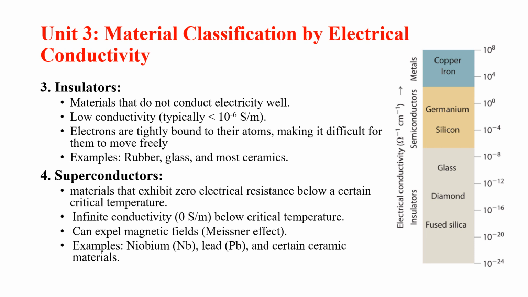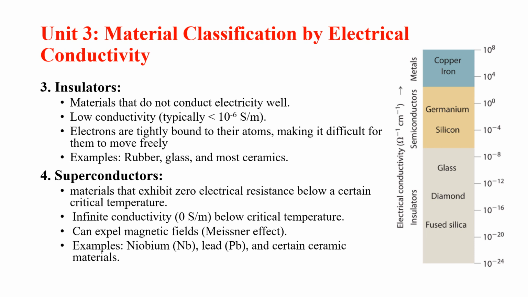Examples of superconductor materials are niobium, lead, and certain ceramic materials. The superconducting temperature of niobium is approximately 9.25 Kelvin, which is minus 263.15 degrees centigrade. This is known as the critical temperature for niobium, below which it exhibits superconductivity.